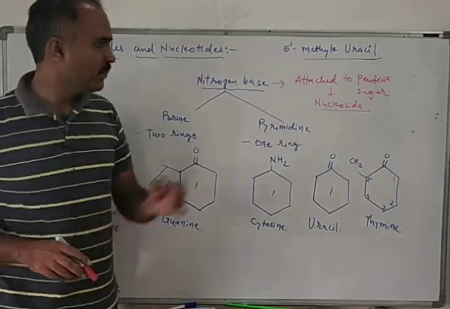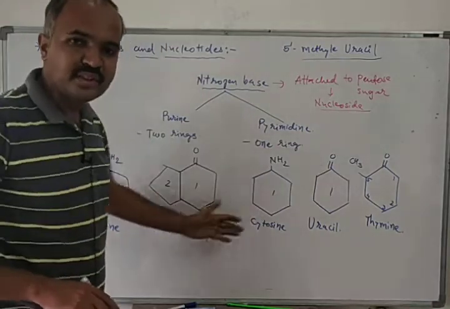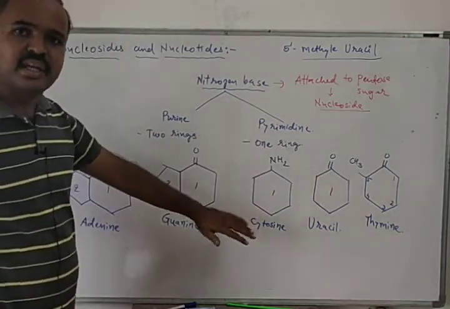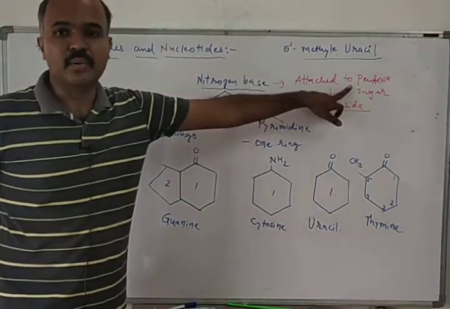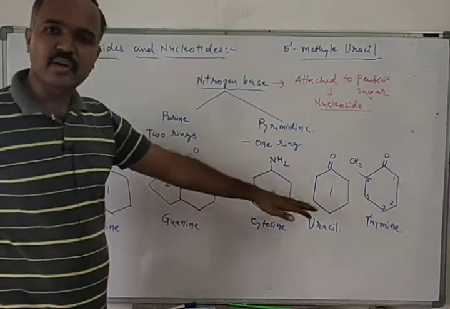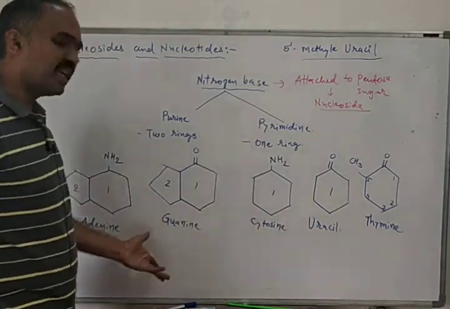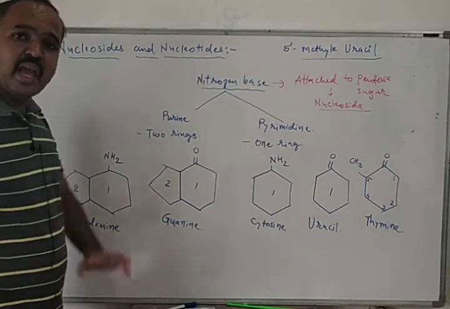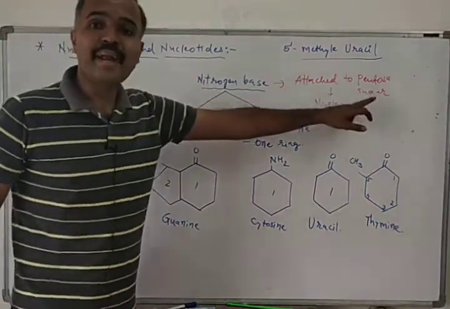Are you getting this? These are nitrogen bases. Out of these, any nitrogen base can get attached to a pentose sugar. It can be thymine, uracil, cytosine, guanine, or adenine.